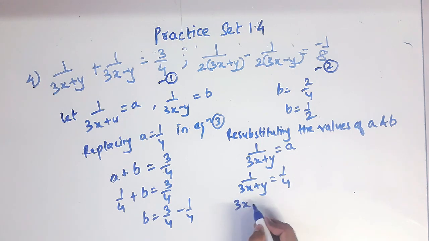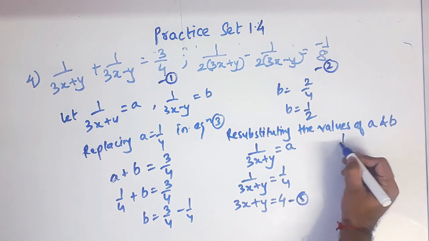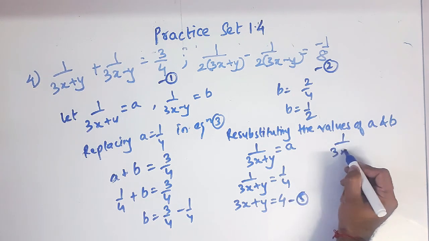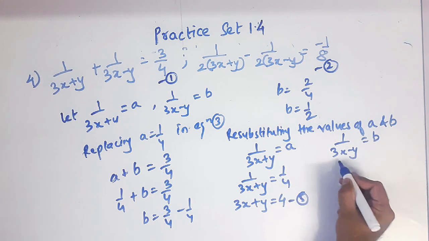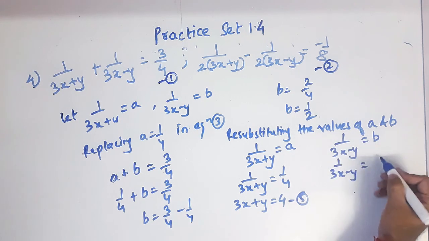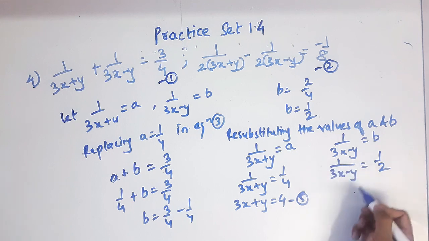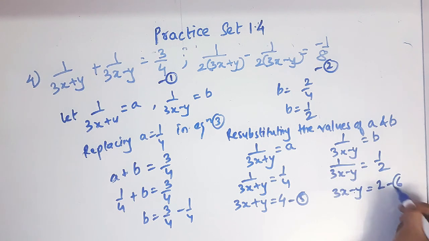After cross multiplying we'll get 3x plus y equals to 4. Okay, then I'll give this equation number 5. Also 1 upon 3x minus y equals to b. So 1 upon 3x minus y equals to, what is b? b is half. Okay, so if you cross multiply, this will become 3x minus y equals to 2. This is equation number 6.